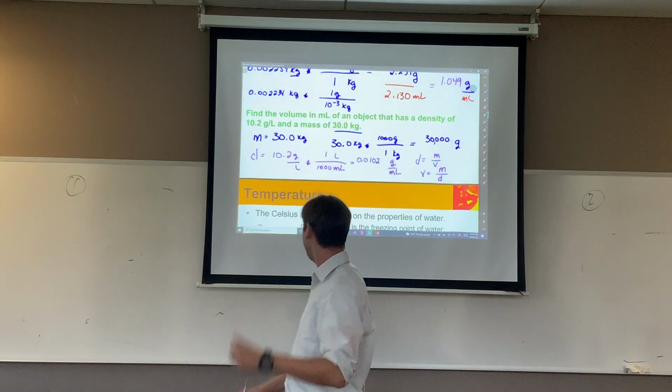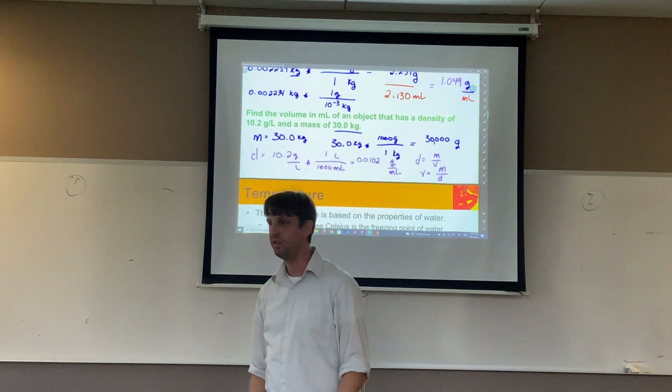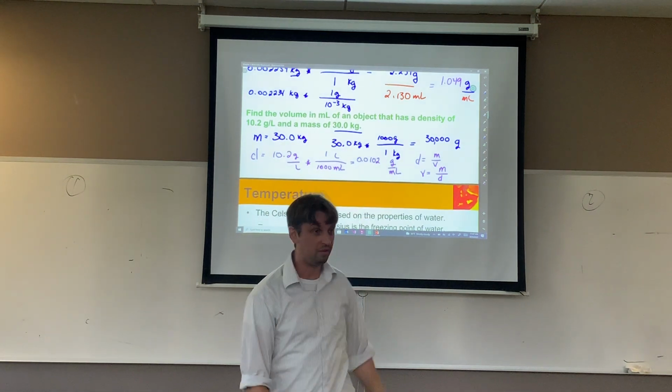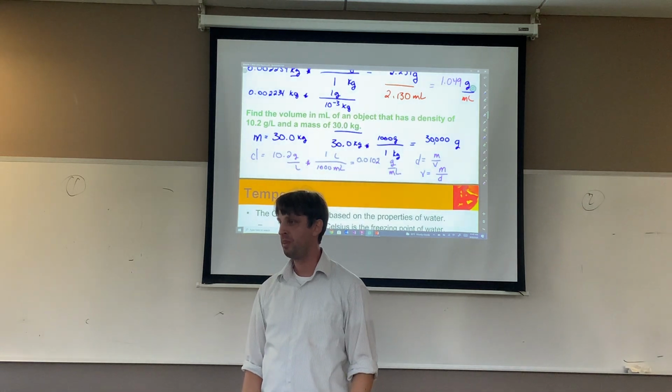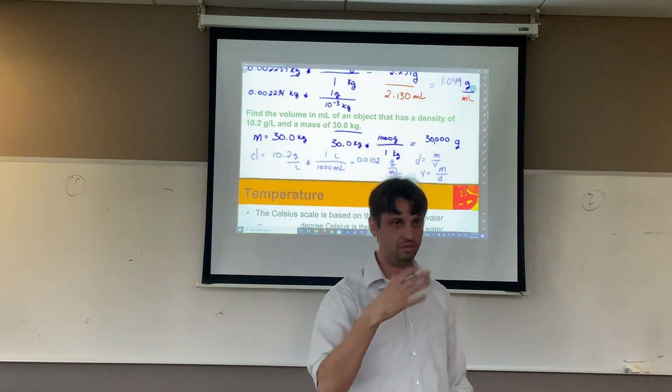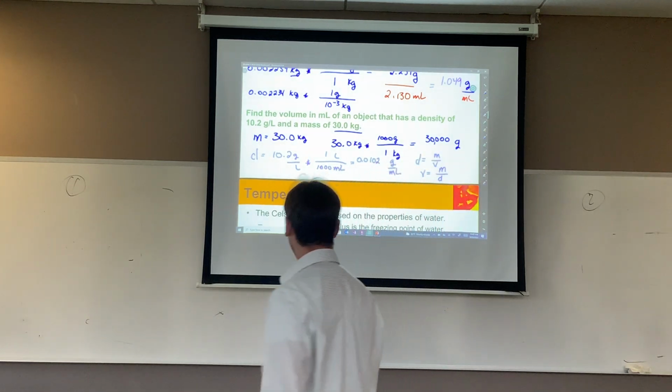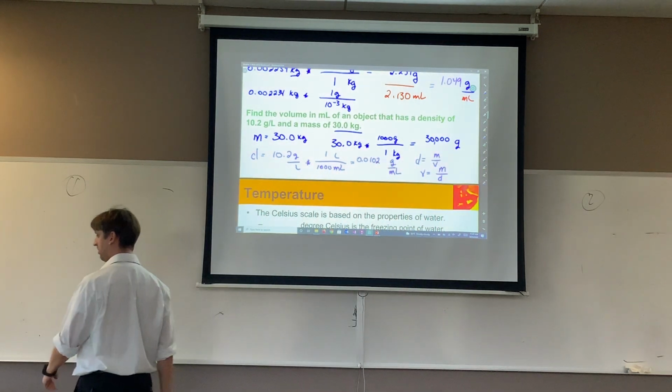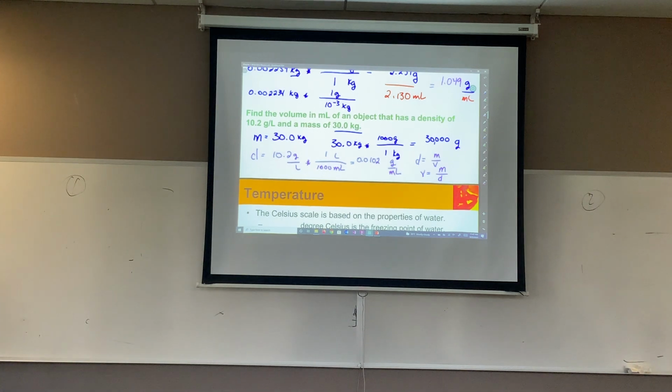Do we have units of mass? 30,000. Do we have units of density? Grams per milliliter, right? Good. I want to give you guys a second to write this down, and then I'll talk about one last thing. Just running out of space. Everybody good before I hit the delete here?